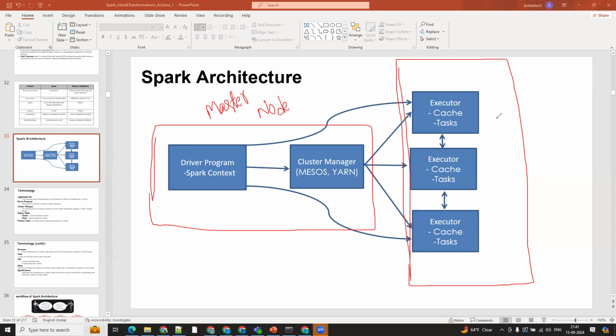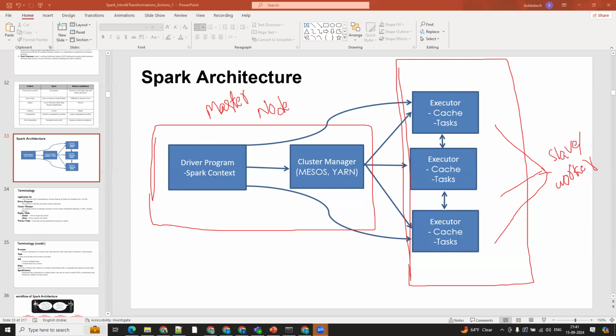Now, these nodes we call worker nodes or slave nodes. This one we call a master node. Master node will give the task to slave or worker nodes.